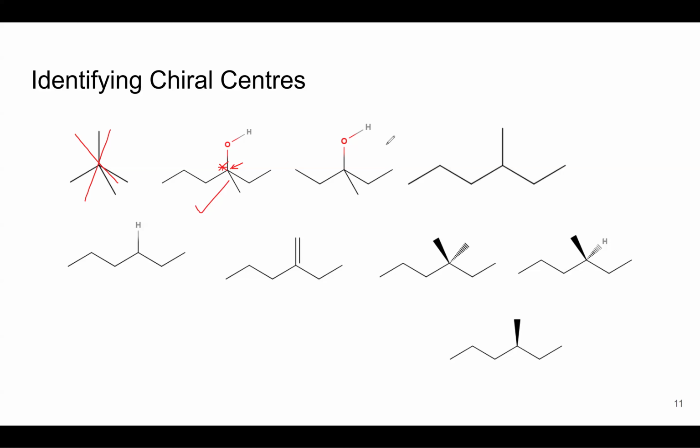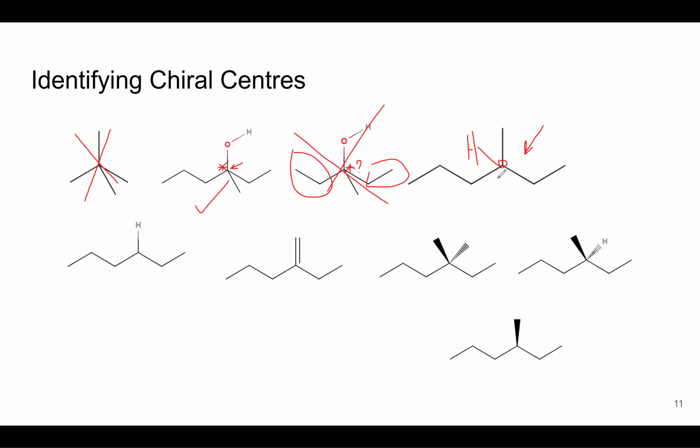Okay, is this a chiral center? The answer is no, because these two groups are the same. Is this chiral? You might think not, because you don't see four groups attached, but there's a hidden hydrogen. So yes, it's attached to four different groups.